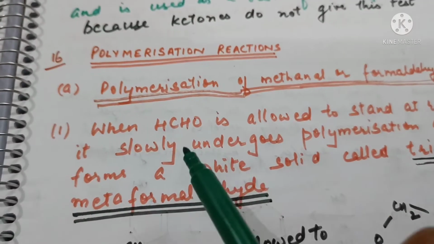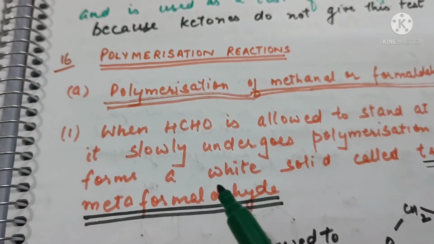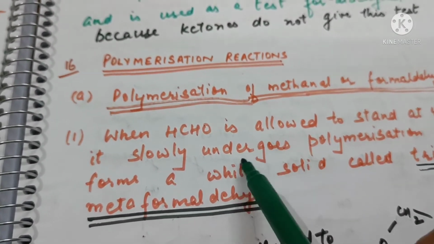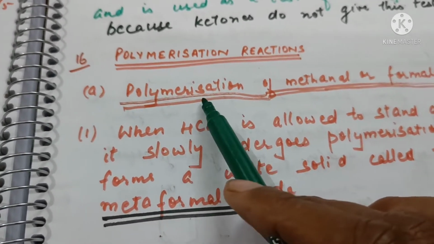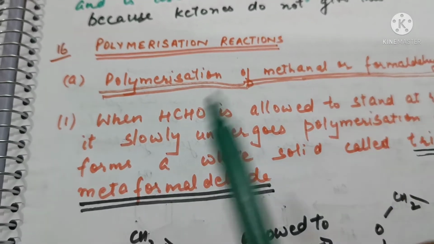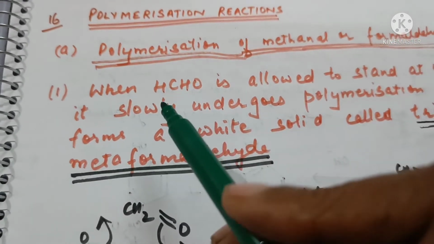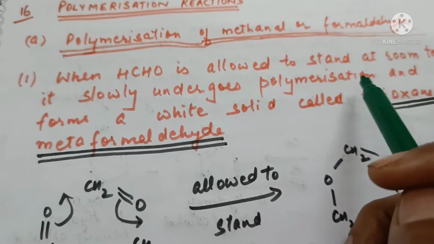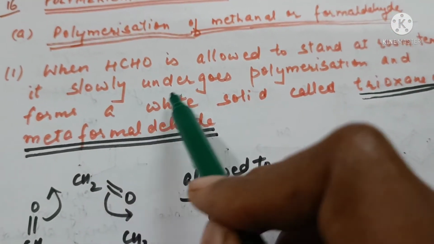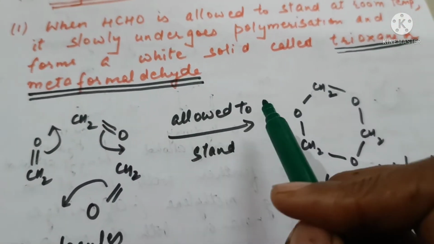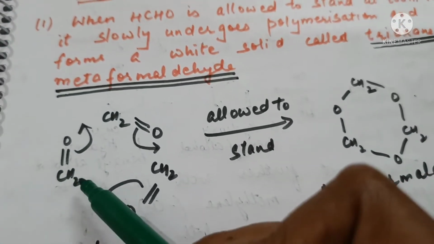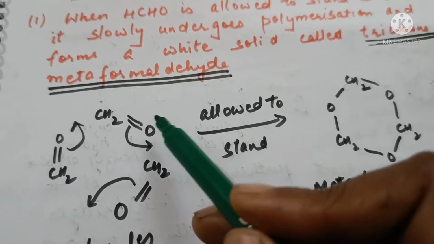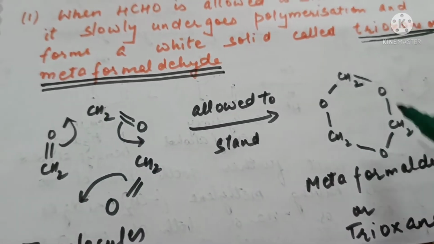Polymerization reactions. Aldehydes and ketones can undergo polymerization reactions under different conditions. For example, first is polymerization of methanal or formaldehyde. When formaldehyde is allowed to stand at room temperature, it will slowly undergo polymerization and form a white colored solid called trioxane or metaformaldehyde. 3 molecules of formaldehyde join together to form a cyclic product.